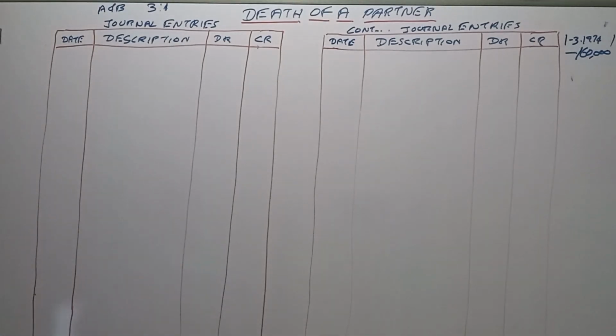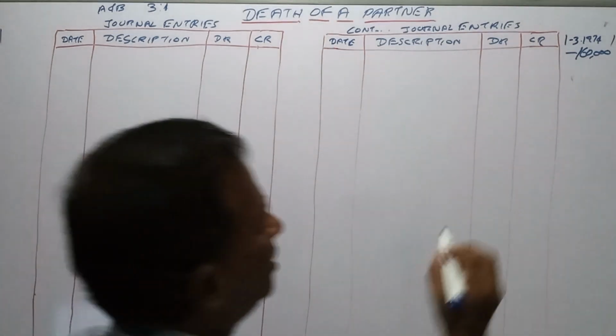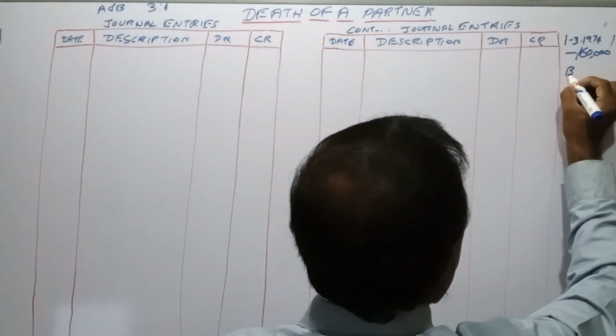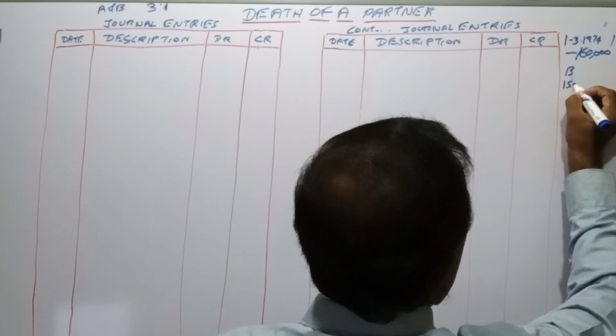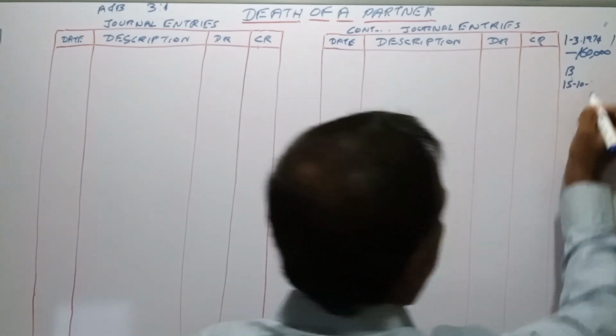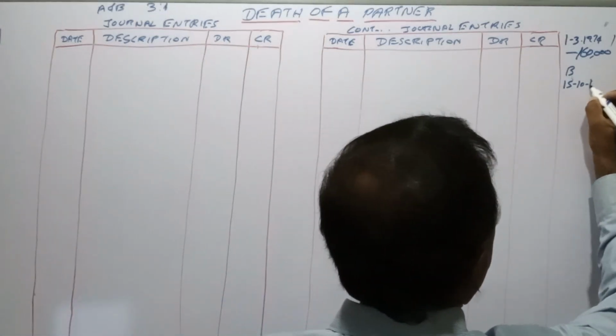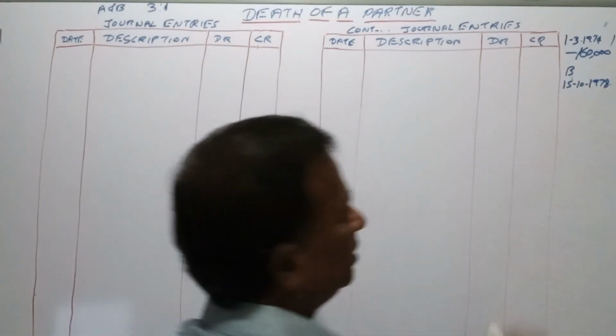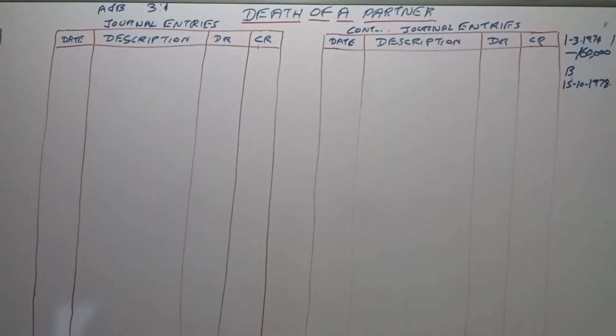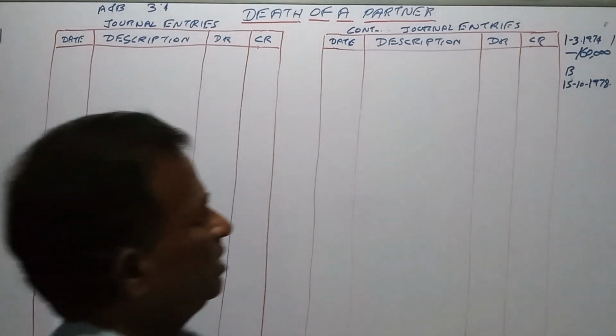160,000, A and B. B died on 15th October 1978, right? And the amount of the policy was received on 31st December 1978.